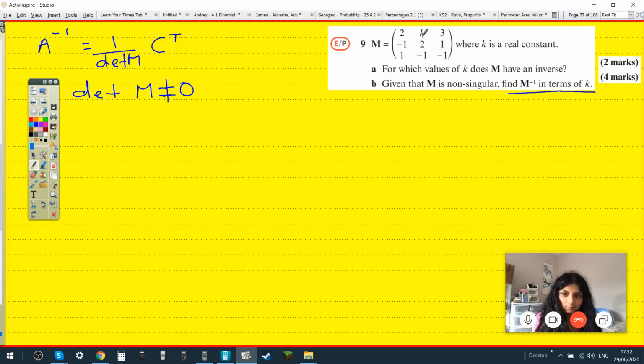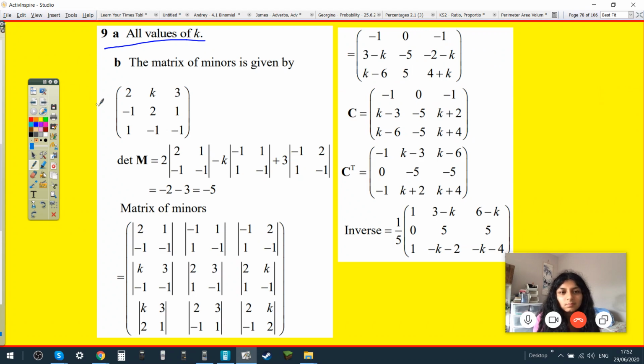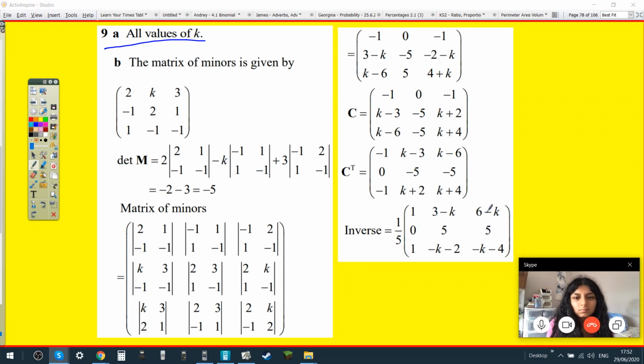Does M have an inverse? Okay, so the matrix of the minors. So this is the inverse. The determinant is this.